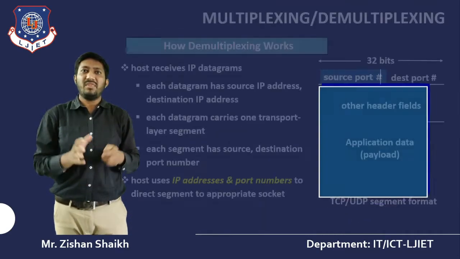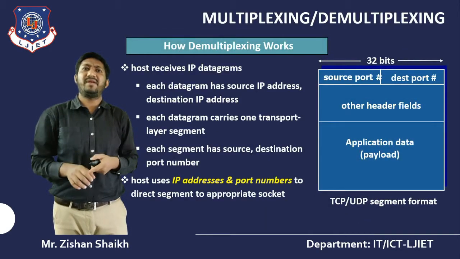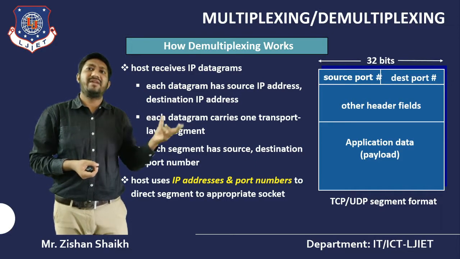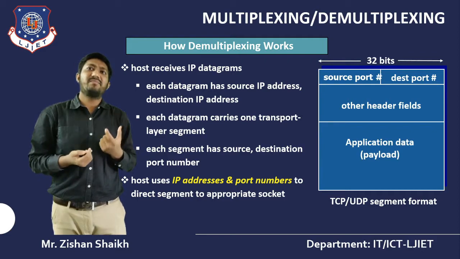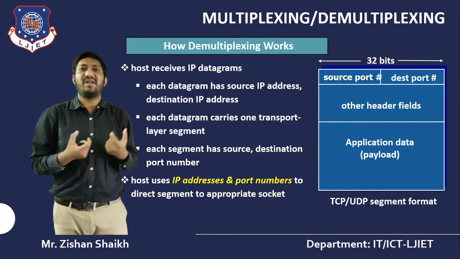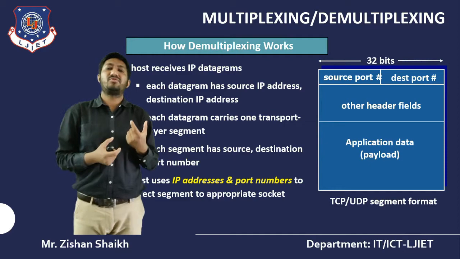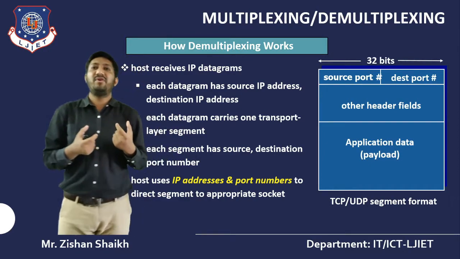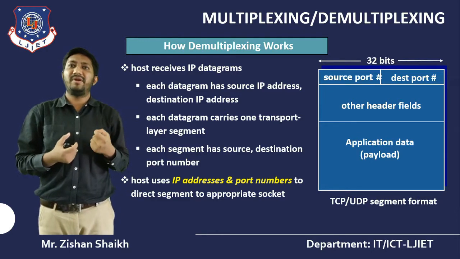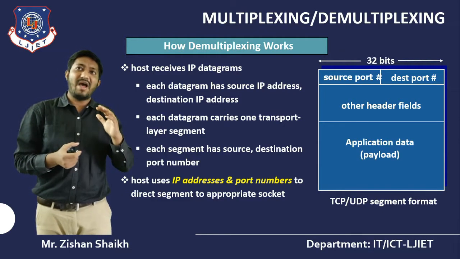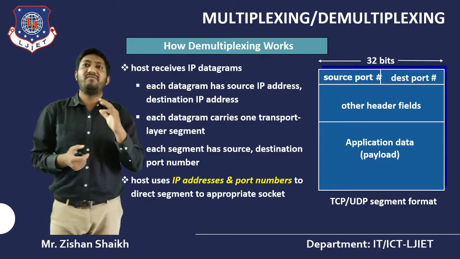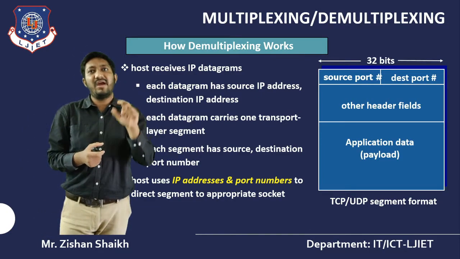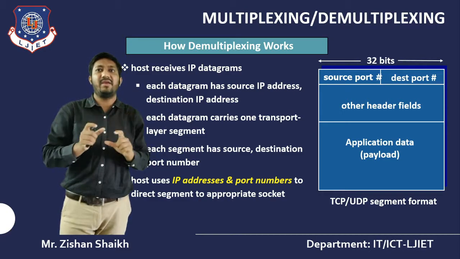So let's understand how demultiplexing works here. When a user wants to send data, it requires some unique identifiers in the network. That is the source port number and destination port number, because we already know the IP addresses of those machines. But after reaching the IP address, we have to identify which port we are targeting.